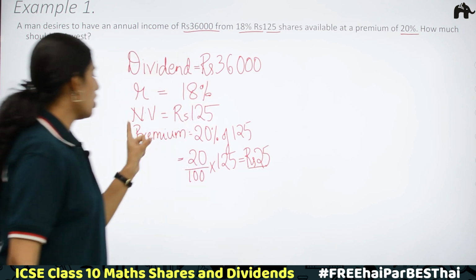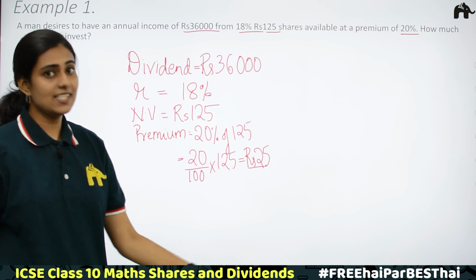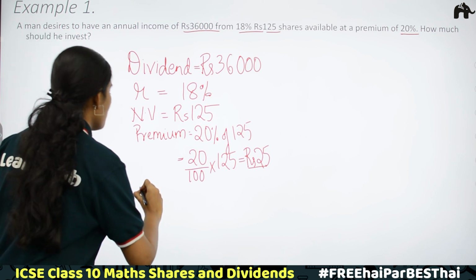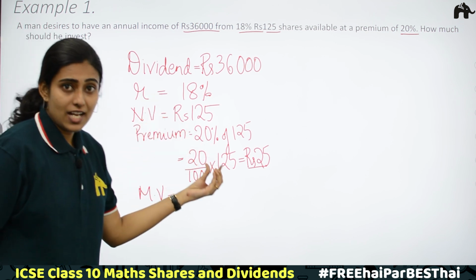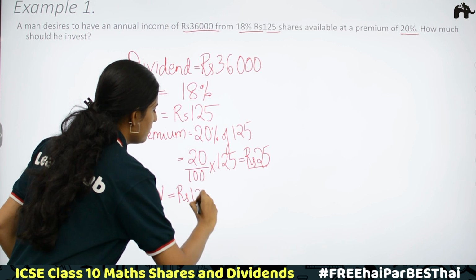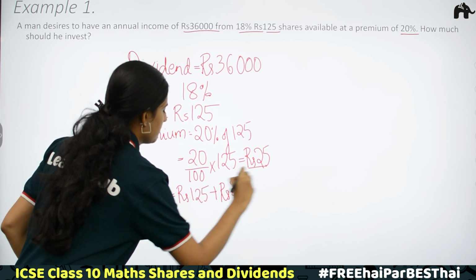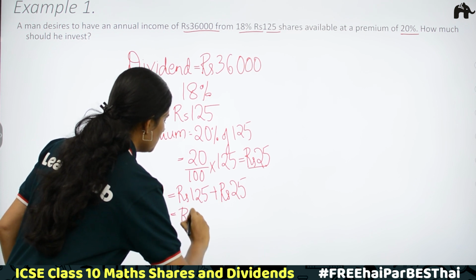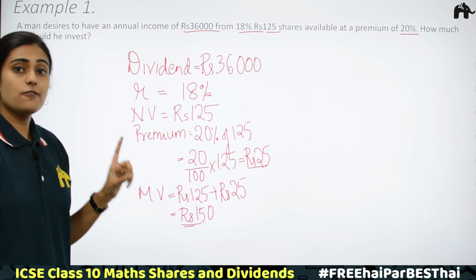Yes, we got the premium, which is rupees 25. If you get the premium, we can easily find the market value. Market value of one share is equal to nominal value plus premium. That is rupees 125 plus rupees 25, which is equal to rupees 150. We got the market value of one share.